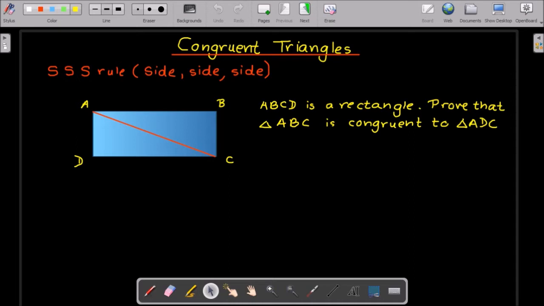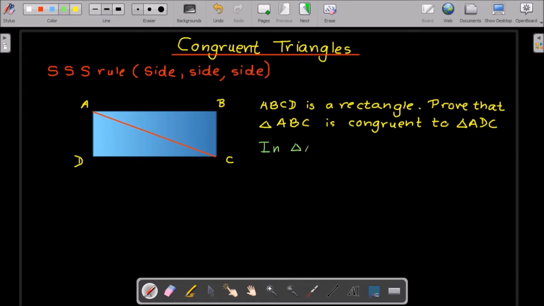We have a question. ABCD is a rectangle. Prove that triangle ABC is congruent to triangle ADC. So in order to answer this question, as I told you, this topic helps you become a lawyer.